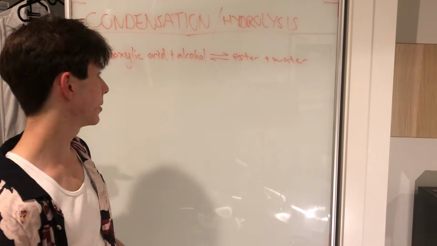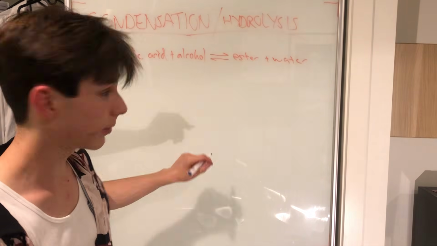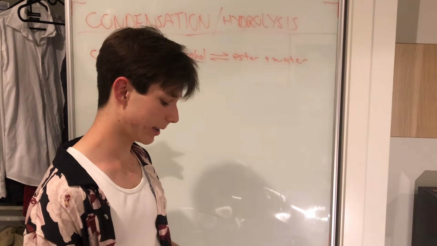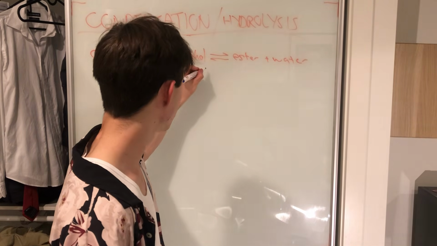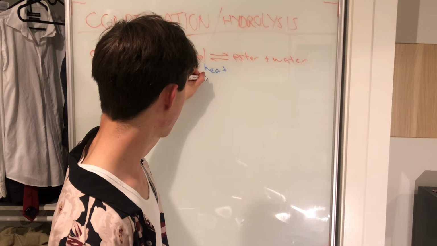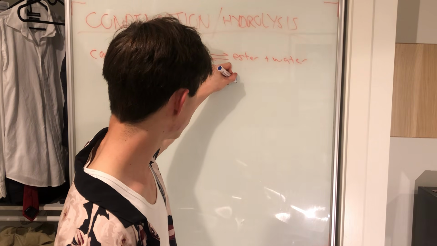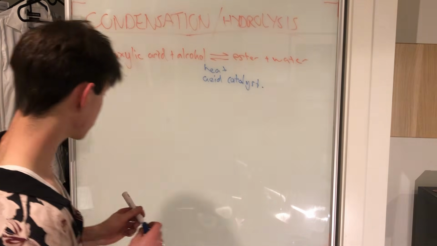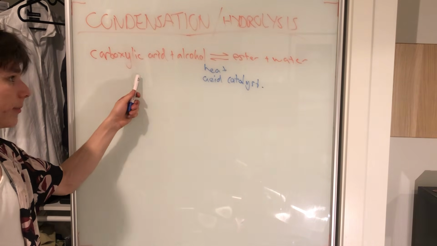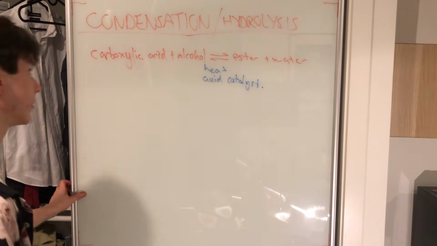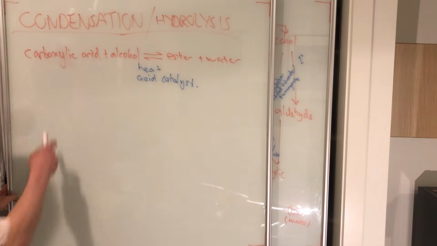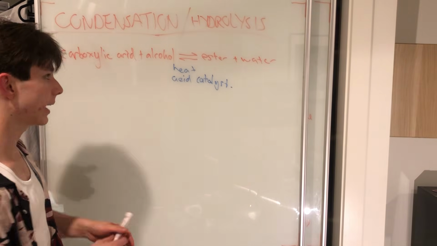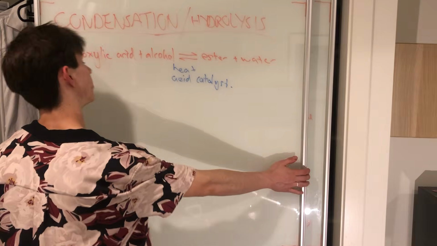The conditions for this one, in both directions, remember, catalyst increases the rate of the forward and reverse reaction. Heat, acid, catalyst. That's synthesis and hydrolysis of esters. We also call the synthesis of esters, the forwards reaction, esterification. Formation of an ester, esterification.